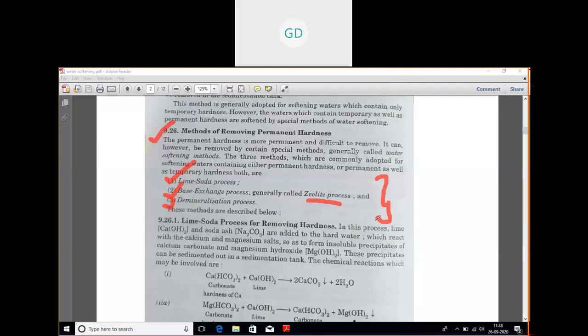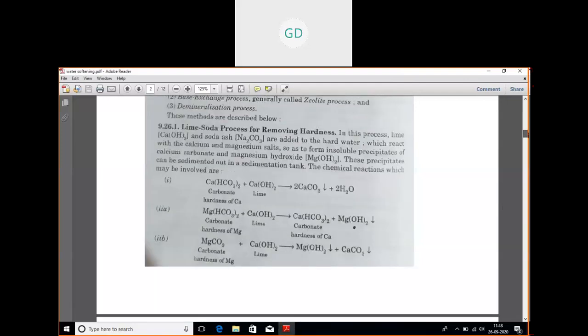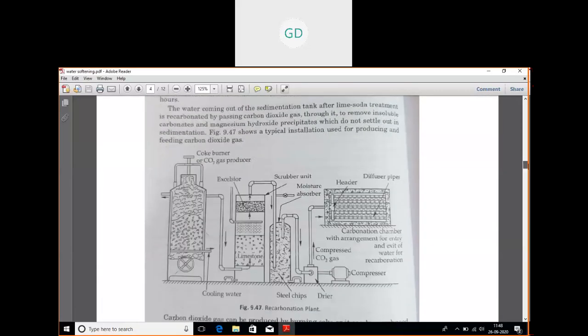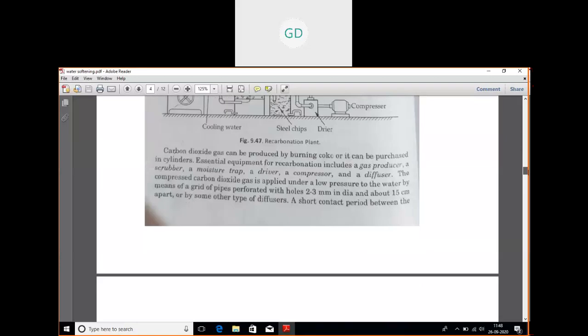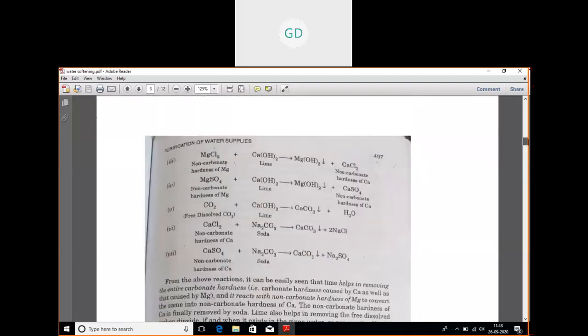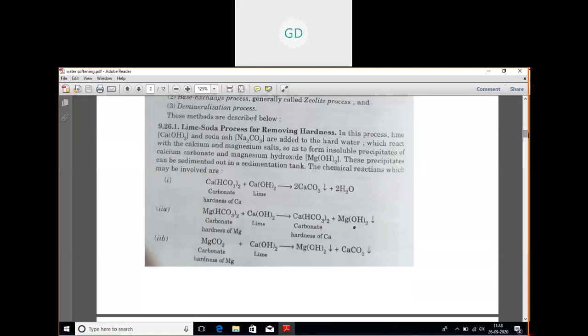No need to go into that much detail for these processes because they only contain these chemical equations. But you have to know what is done in the lime soda process.